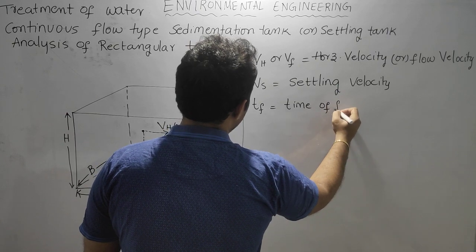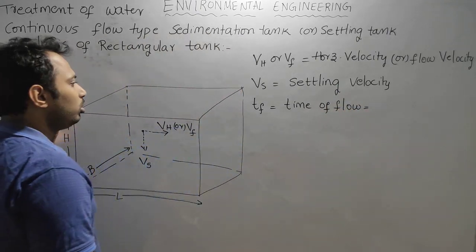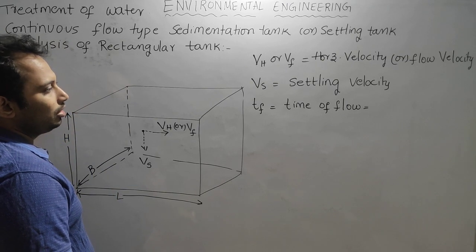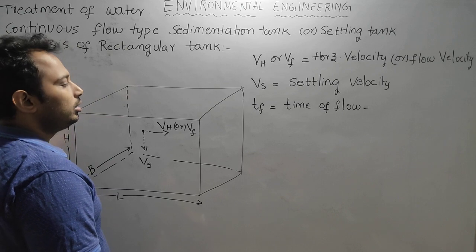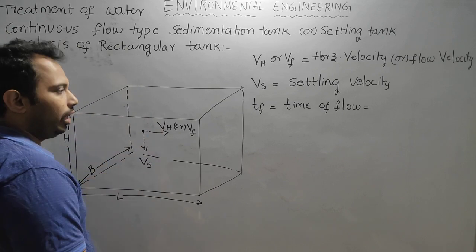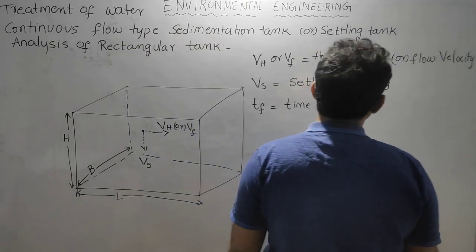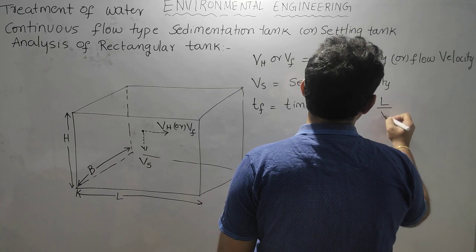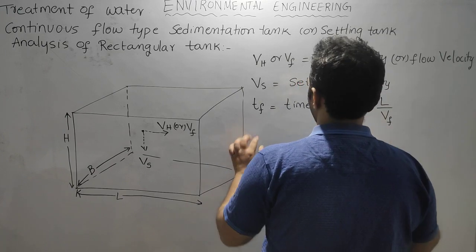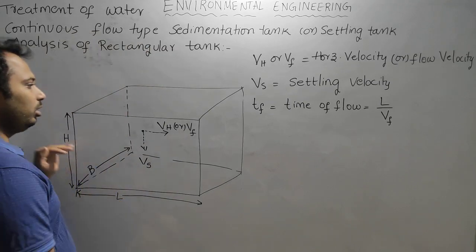Time of flow is nothing but the time needed for a particle to travel the sedimentation tank along the length direction. So we know the length L, and Tf is nothing but L by Vf.